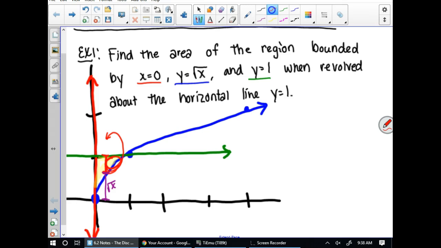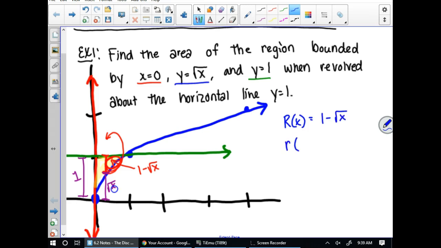You'll do 1 minus the square root of x, because we know this whole part right here is 1, and we know this piece is the square root of x, so that radius right there is 1 minus the square root of x. So a lot of times we want to think about the outside radius, which in this case is 1 minus the square root of x.